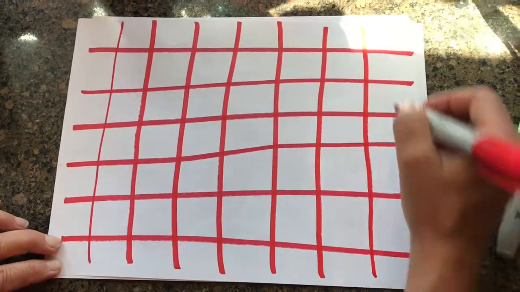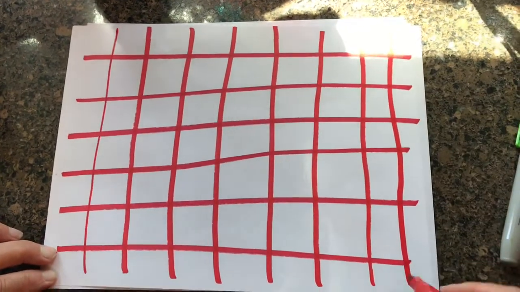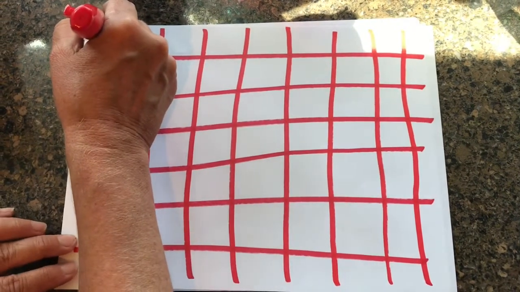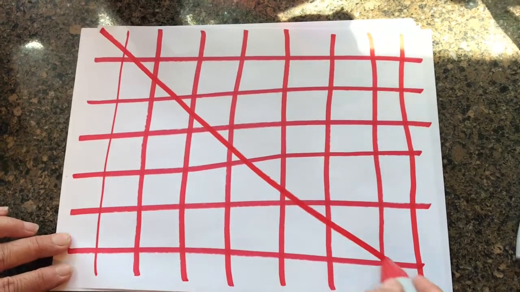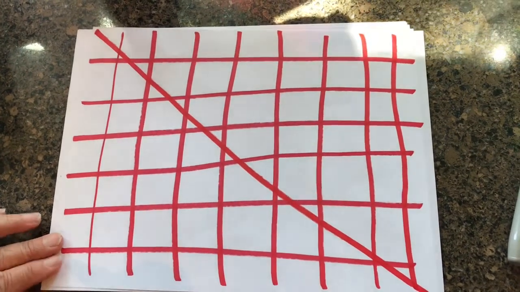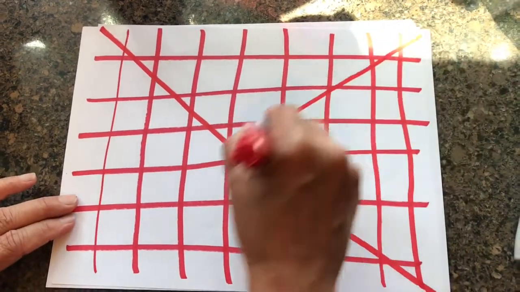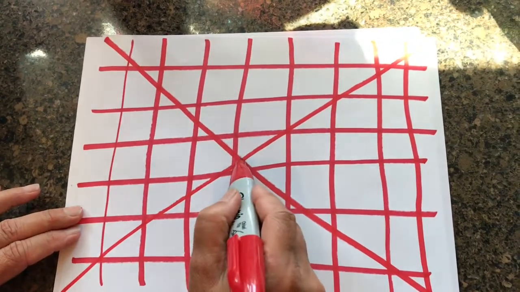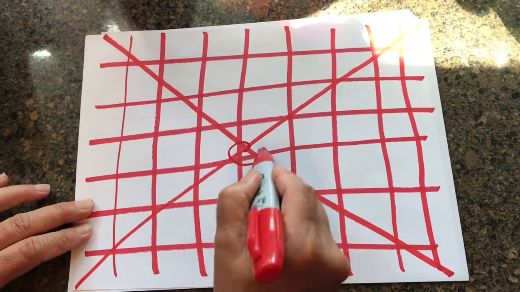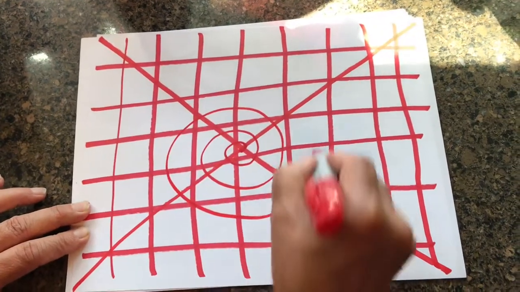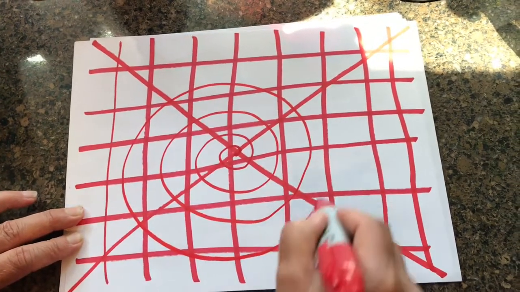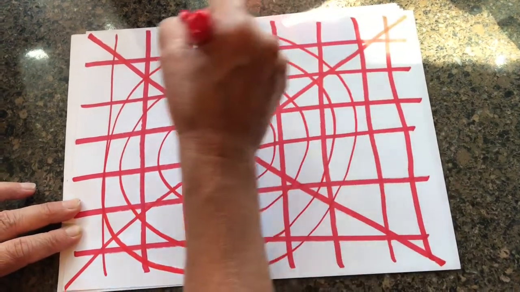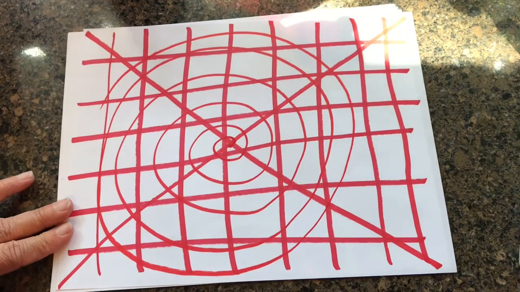Trying to control my marker. All right, now some diagonal lines. I'm going to go from the top corner to the opposite bottom corner, diagonal, top and across. And where the two lines meet at the intersection, some curved lines, a swirl. Remember, a swirl is not a scribble. Around and around. All right, warm up is done.